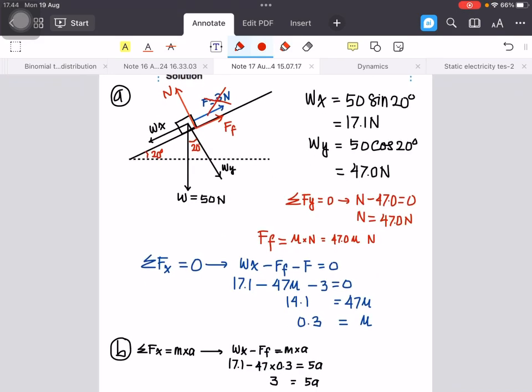Removing the 3 Newton force will have the consequence that the object is not in equilibrium anymore in the x direction. So once we remove the 3 Newton force, now the object starts moving down with acceleration.